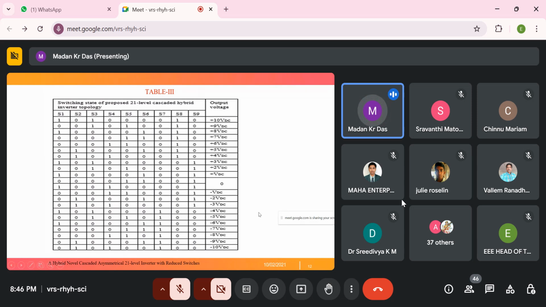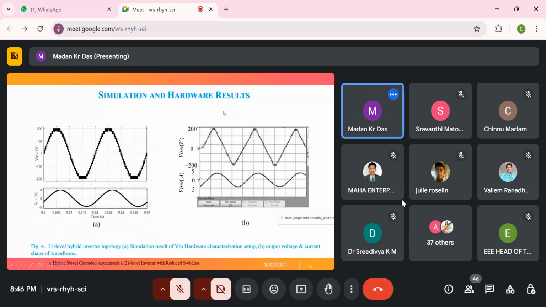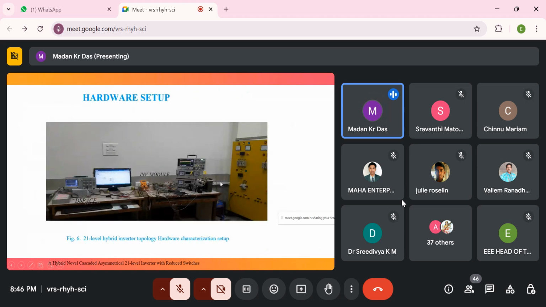So this is the output voltage for every level of the 21 level inverter. This is the simulation result of the proposed inverter with the current, and this is the experimental result of the proposed 21 level inverter with the current. And this is the hardware experimental setup of the 21 level inverter.